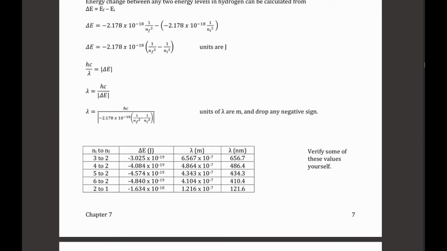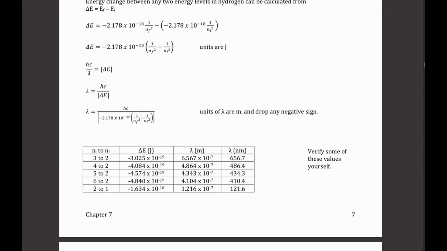And the units here are joules. So if we're after E sub n, we would use E sub n equals negative 2.178 times 10 to the minus 18 times 1 over n squared. If we are after delta E, we would use this equation that we just developed here.